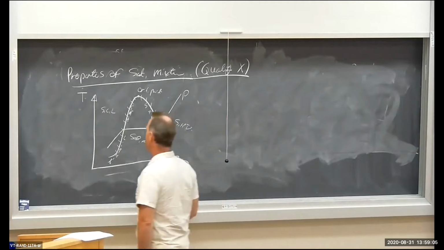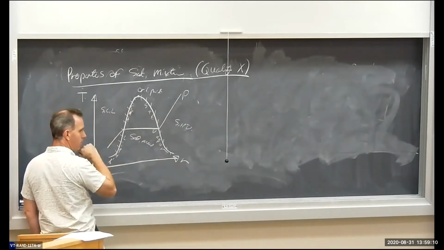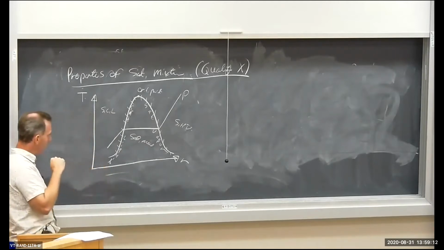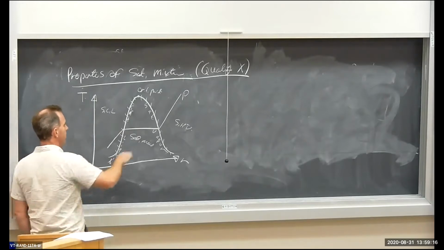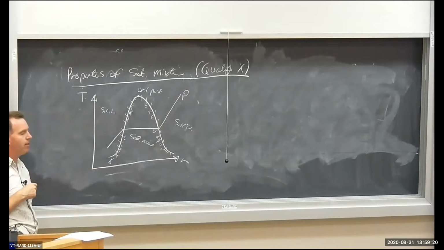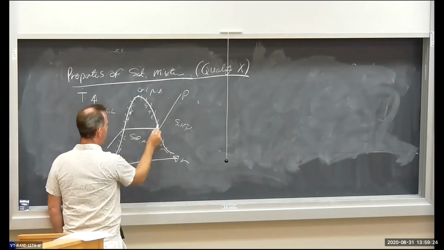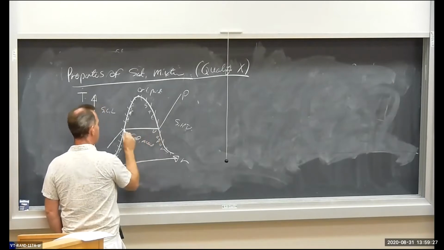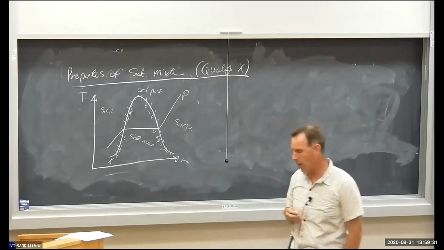Now it turns out, if we're in the superheated vapor or supercooled liquid region, knowing temperature and pressure is enough to define the state. But if we're inside of the dome or on the surface of the dome, having temperature and pressure is not enough to describe the state.